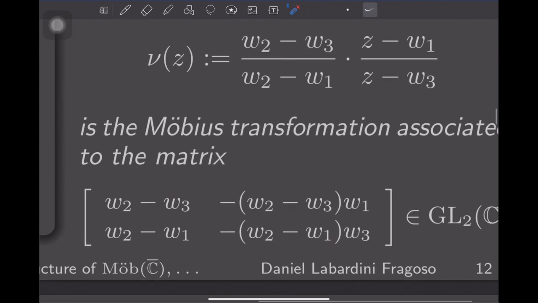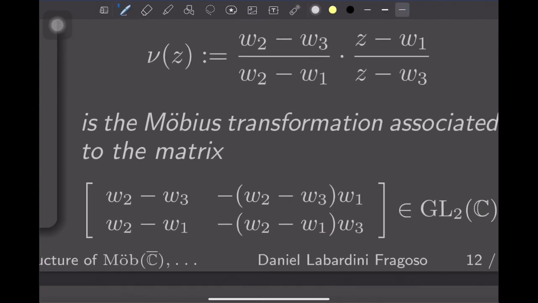I'm just going to do it. So the determinant, you see, this one goes out, so it's W2 minus W3.